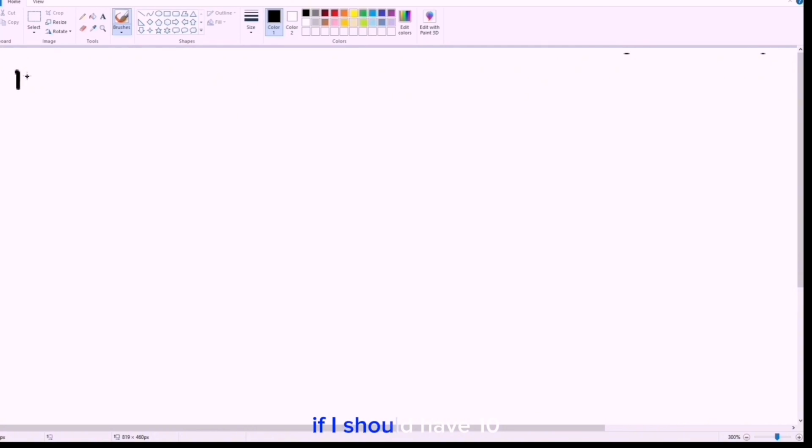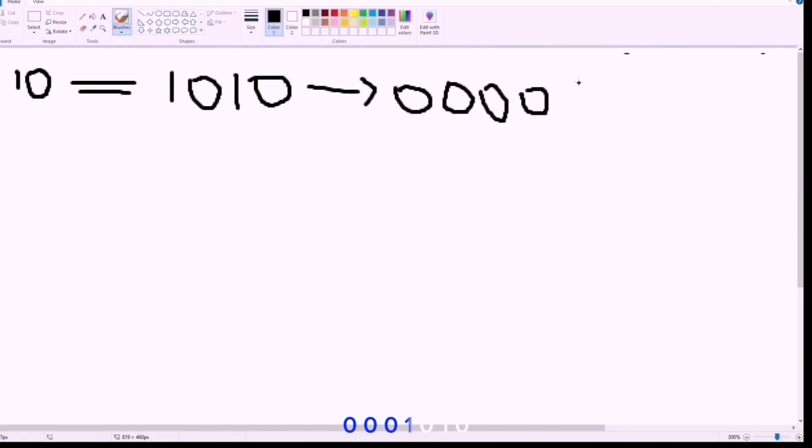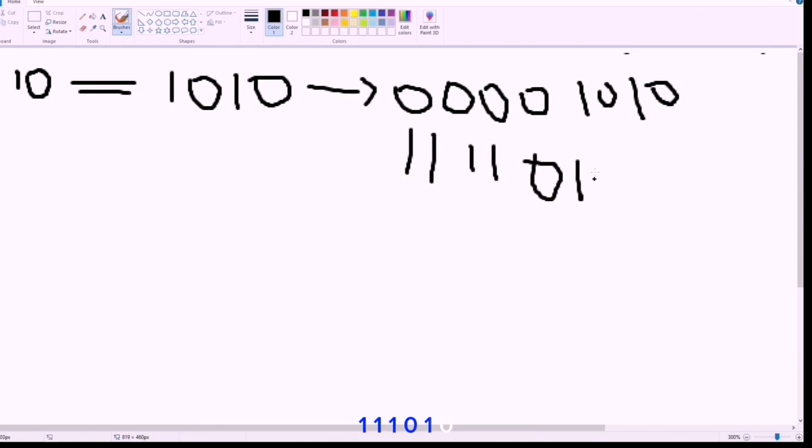If I have 10, the binary value of 10 is 1010, and in 32-bit it is represented as 00001010. If I take the complement of this, I have 11110101.